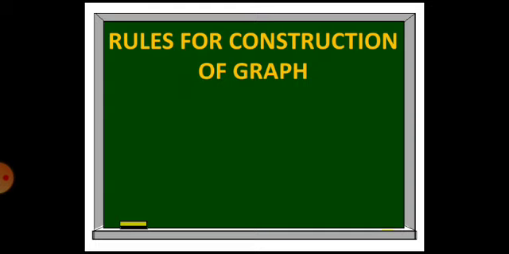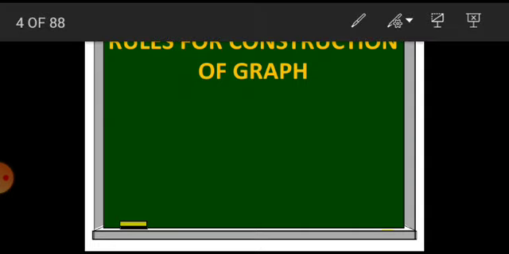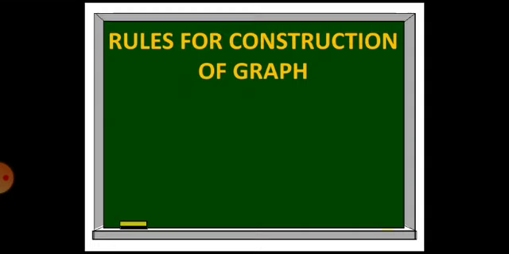Now, what are the major rules for construction of a graph? When you are constructing a graph to explain the relationship between two variables, like I've told you, variables like price and quantity demanded, what are those things you consider? Like I told you, the first thing we'll be looking at is the title. A clear title should be shown on your graph.